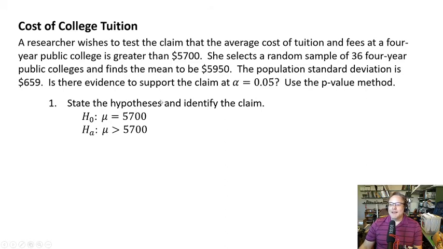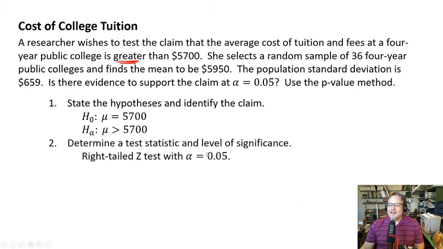Our null hypothesis is that there's no difference from what we think it is, $5,700. The alternative hypothesis is that the average is larger than 5,700. In particular, she's looking for the possibility that it's greater, so this is going to be a one-tailed test.